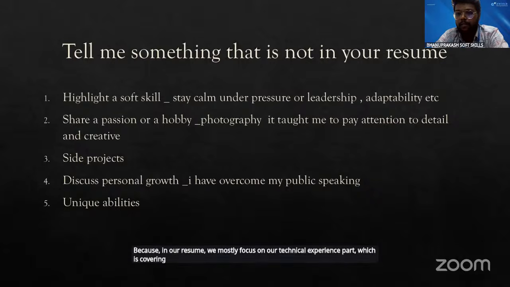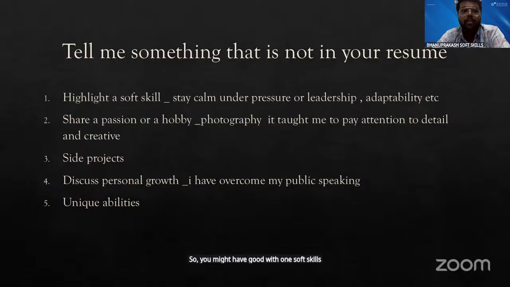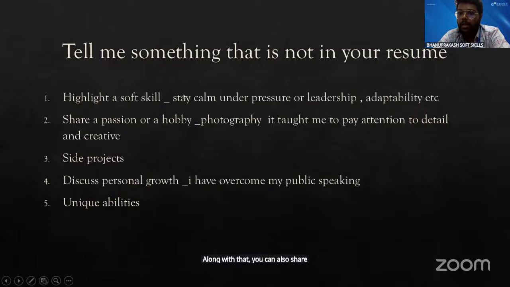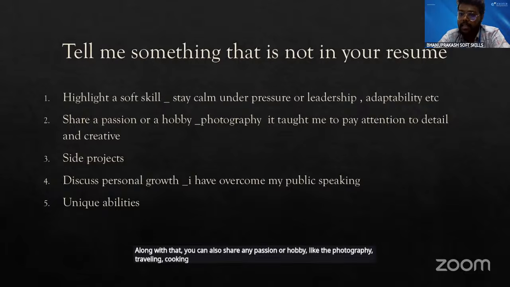So you might be good with one soft skill that you have, right? You may highlight more about that soft skill, as that works well at that time. Along with that, you can also share any passion or hobby like photography, traveling, cooking. If you have any such things, you can also mention them, and any side projects.